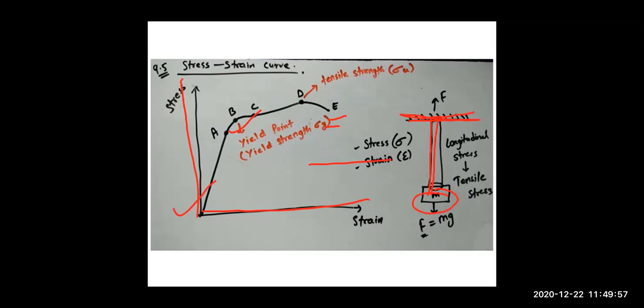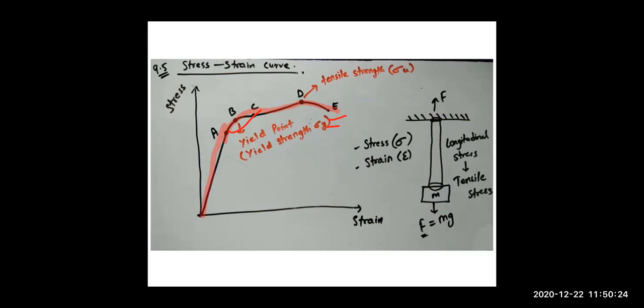So this is the graph for stress versus strain, and the nature of the graph was found as shown on the screen. Right, now let's start with the explanation of this stress strain graph. Here we had used a wire and we had put the weight on the wire, so the wire is going to extend longitudinally.